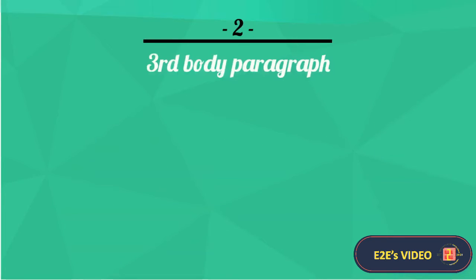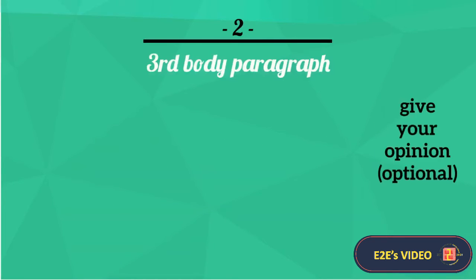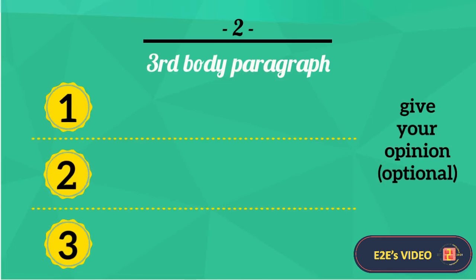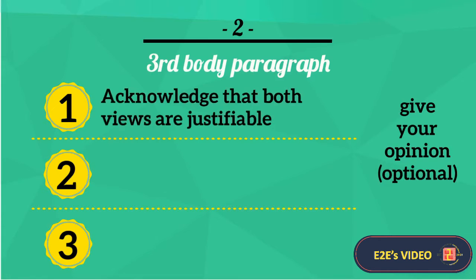The third body paragraph is to give your own opinion and should only be written if your personal views are required. Often, in this paragraph, you will first acknowledge that both views are justifiable before stating your opinion.